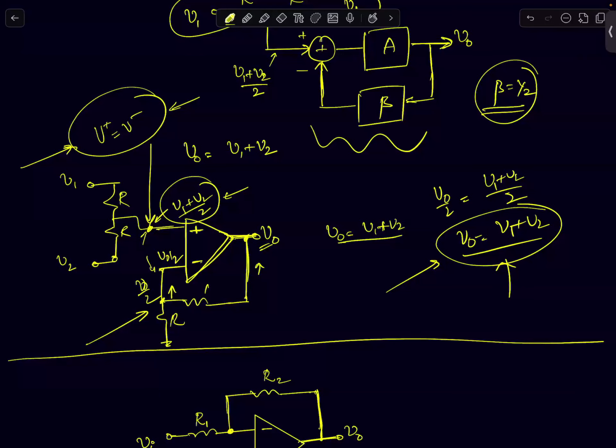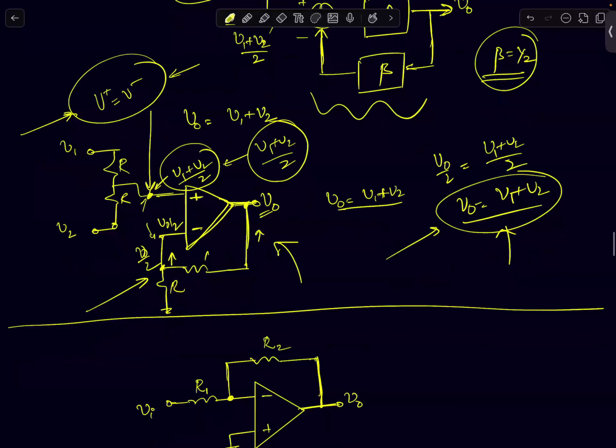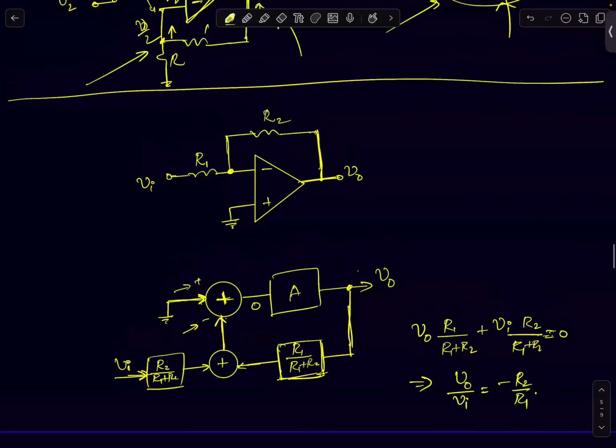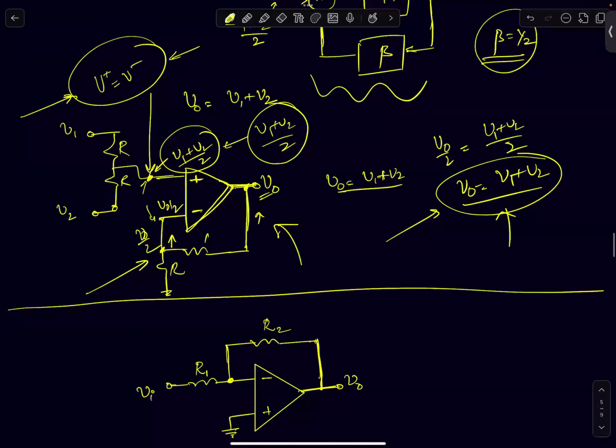I can add two voltage signals, V1 and V2, using this. Okay, I did some cheating here. It's not really adding using an op-amp. I just applied an input of V1 plus V2 by 2. I already applied an average of two signals. So I didn't really use feedback to do any additions here. But we'll show that there is a circuit where we can do the addition using feedback itself.